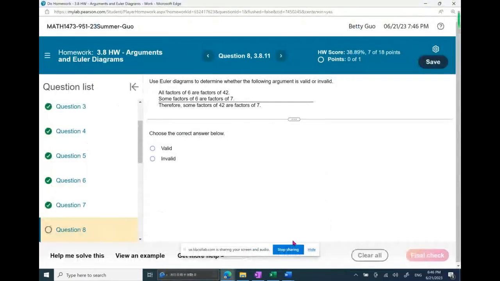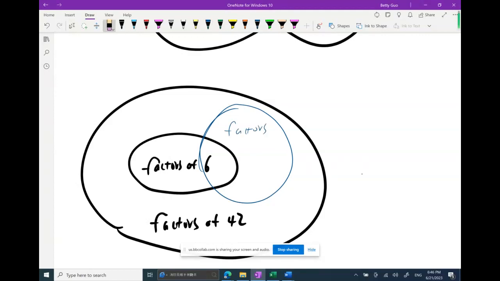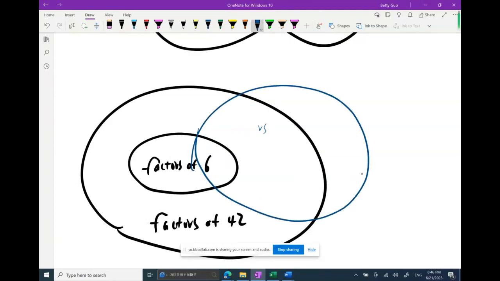All factors of 6 are factors of 42. Yeah. Second premise, some factors of 6 are factors of 7. Okay, I'm not going to draw this small. I'm going to draw it bigger. The blue one is factors of 7.